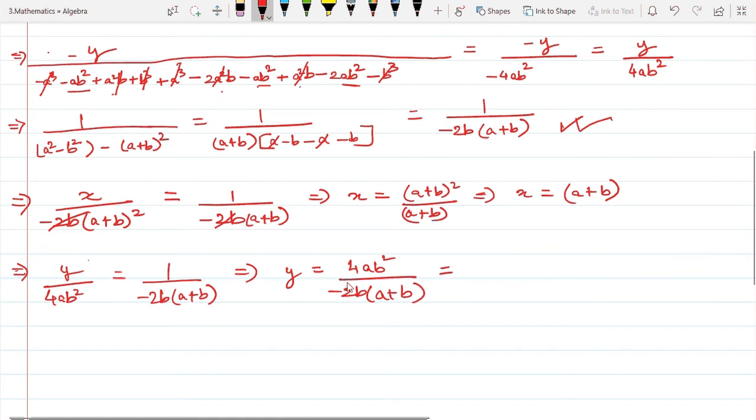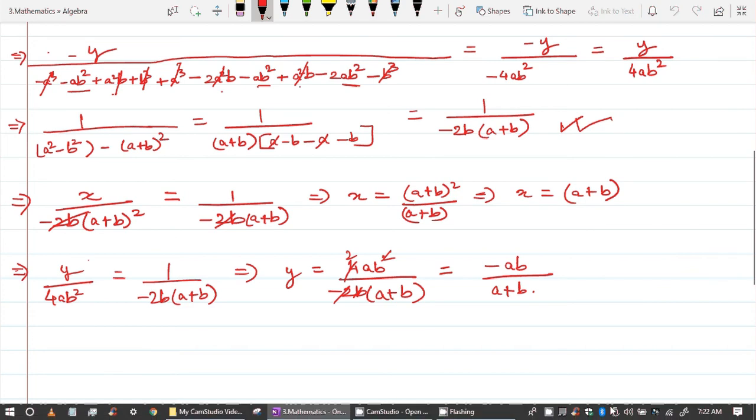So this will be equal to, the 2 gets cancelled with 2, 1b gets cancelled with 1b, and what you're left with is minus of ab upon a plus b. This, my friends, is the solution to this question.